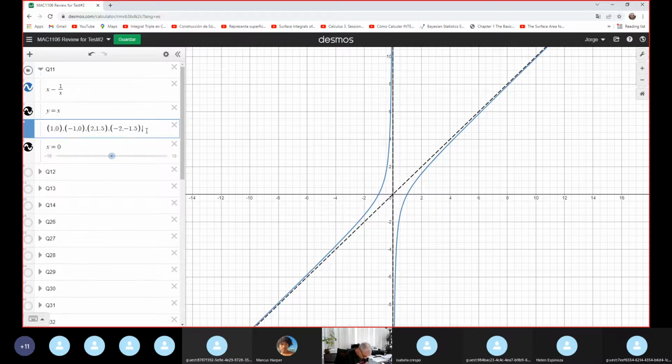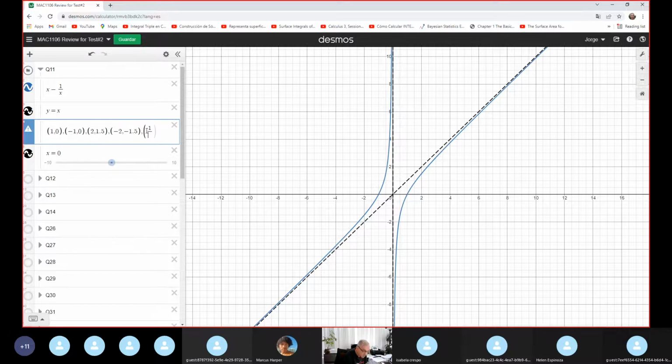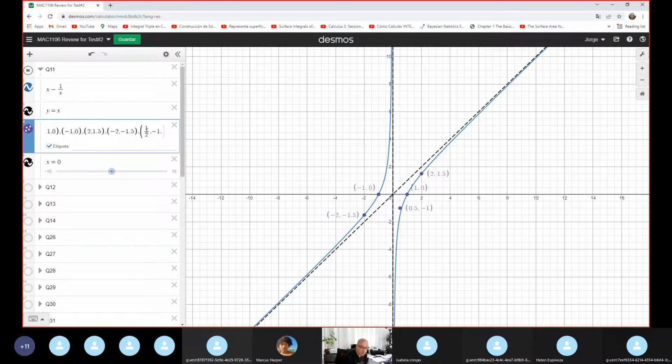Half is positive half. Can we put it in fraction? Positive half, comma, negative 1.5. No, negative 1.5, 3/2. Let me see if I did okay. Oh, I did okay.